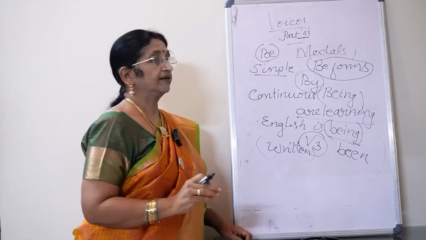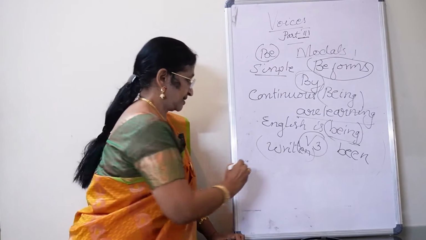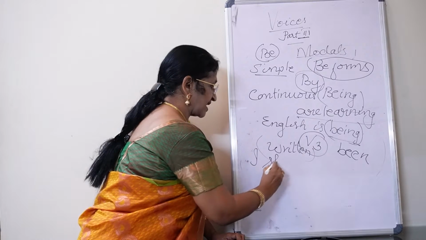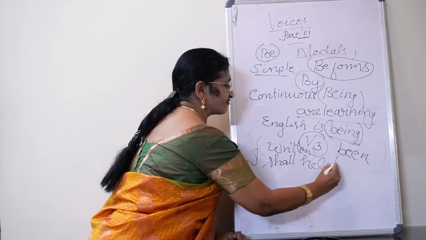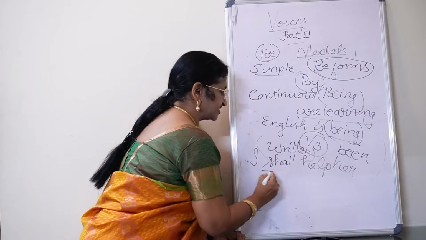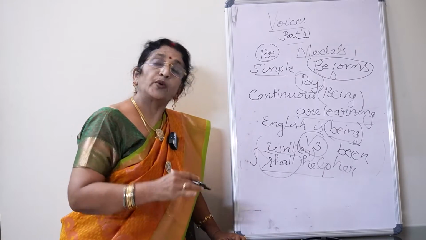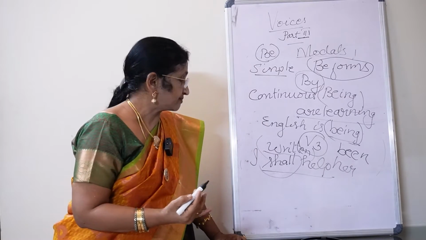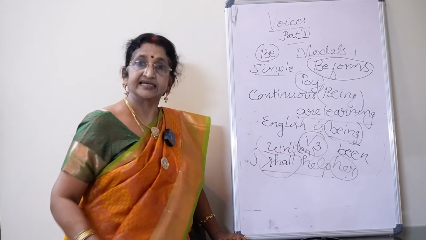And when you have modals, we have to form the passive form with be. When there is I shall do this work. I shall help her. Simple way we can form a sentence. I shall help her. Shall is a modal. So when we change it, how it becomes she, her. When it is object, it is her.